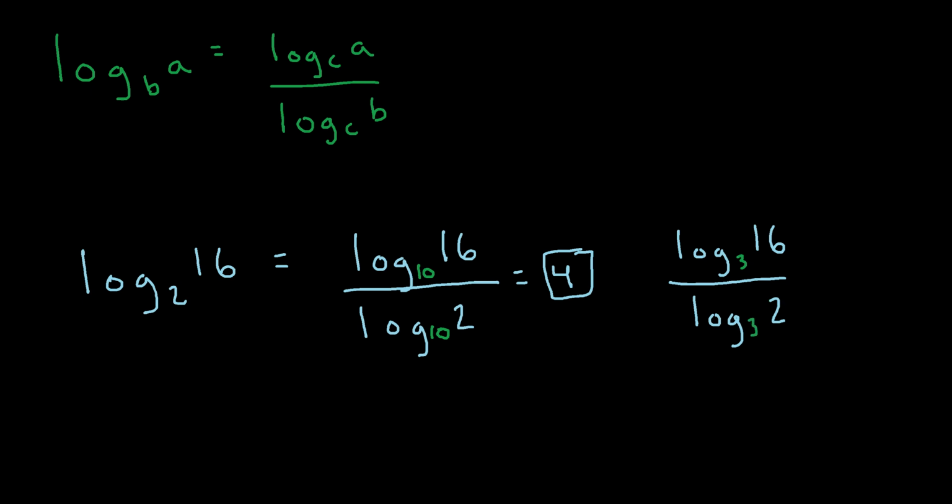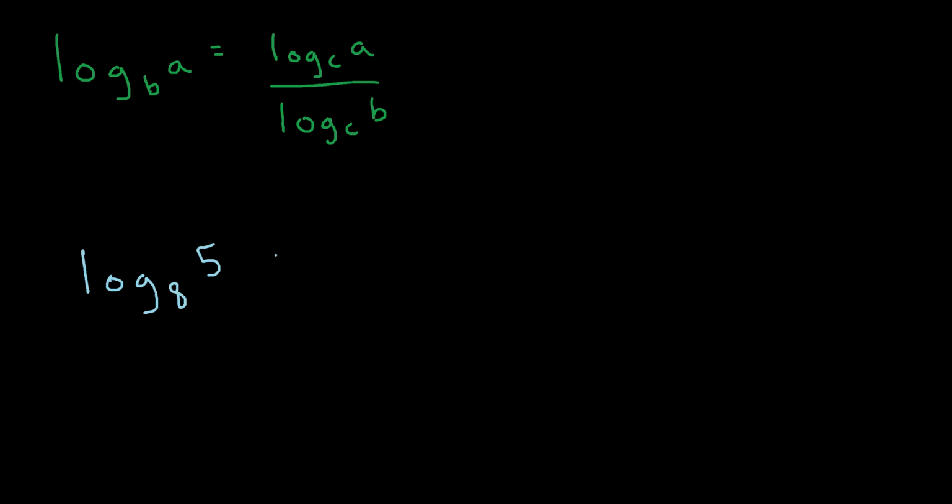And if we plug that into a calculator, we would still get 4 as our answer. Now, the reason for doing this is usually log base 10 is available as a button on a calculator, so it's just easier to work with. But it's important to recognize that we can rewrite this expression in this manner and still get the correct answer.